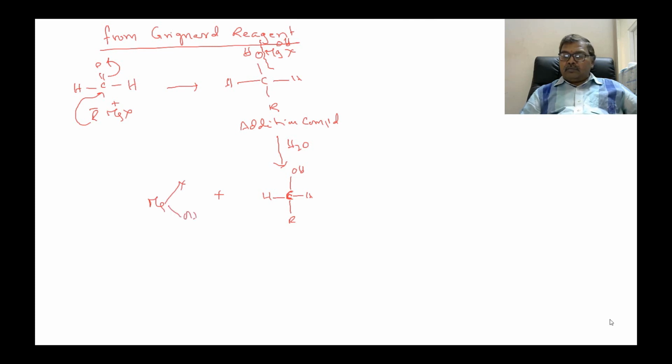Now see, RCH2OH. So it is a primary alcohol. Remember, very, very important: formaldehyde plus Grignard reagent, followed by hydrolysis, gives a primary alcohol. Very, very, very important.